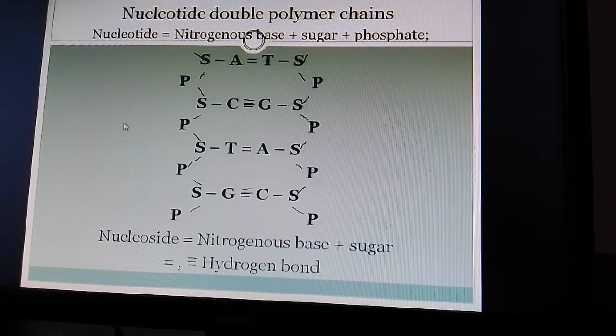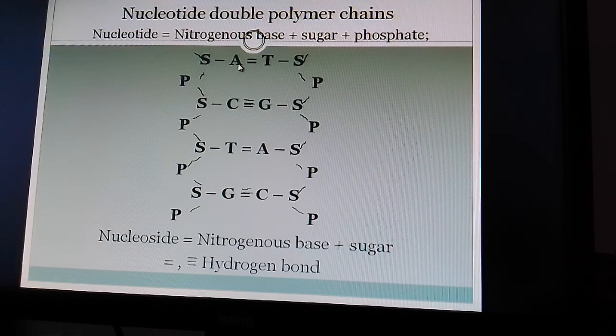There are two terminologies regarding the presence of nitrogenous base, sugar and phosphate. On one side you see either it is purine or pyrimidine, that is adenine, guanine, cytosine, thymine, whatever may be, joining a sugar on its side.